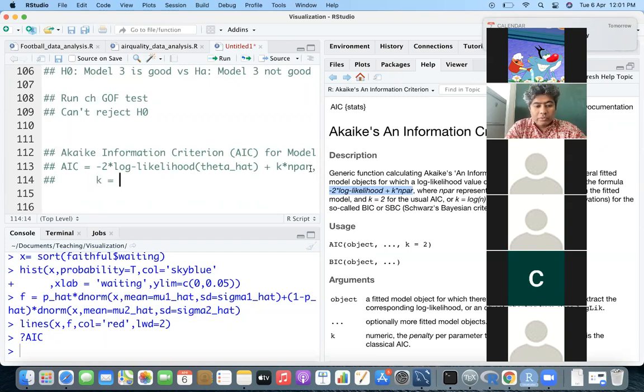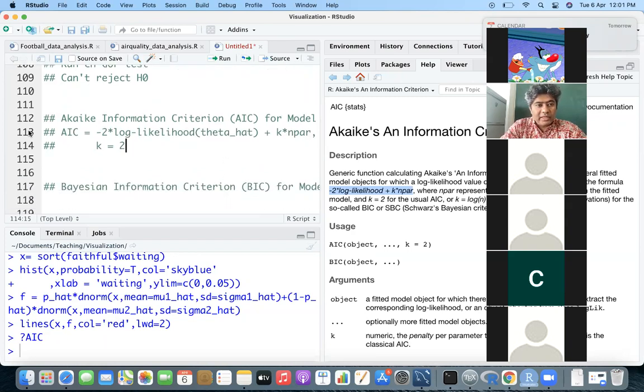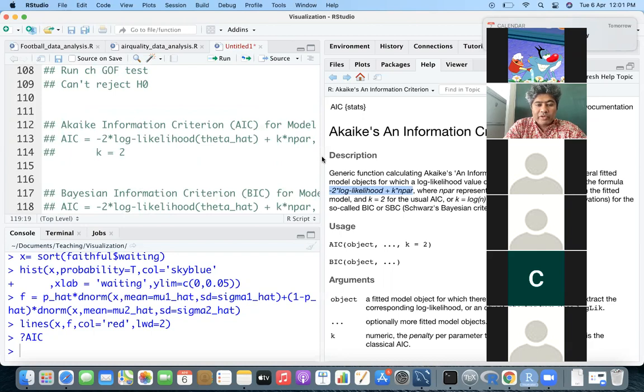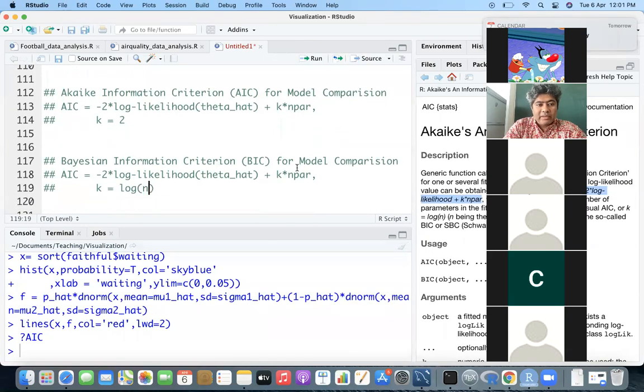And for BIC, it is -2 times log likelihood evaluated at theta hat, plus log n, the log of the sample size, times the number of parameters. This is the only difference between AIC and BIC.